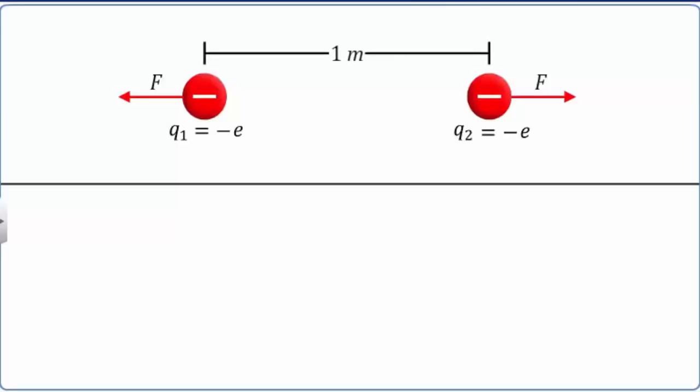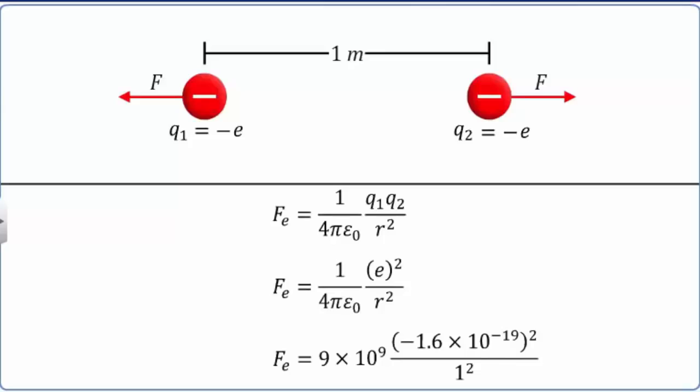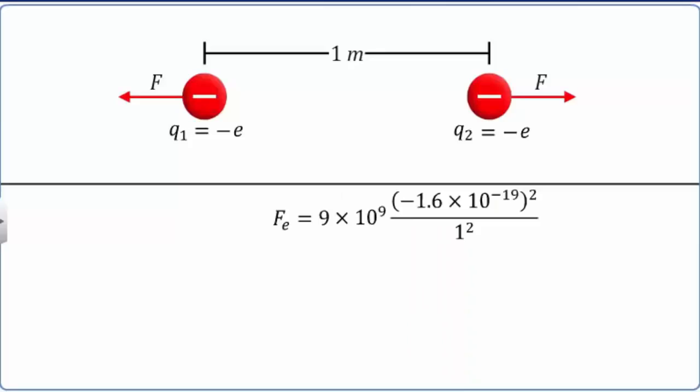The magnitude of the electrostatic force between them, according to Coulomb's law, is given as Fe equal to 1 by 4 pi epsilon naught e square by r square, where r is equal to 1 meter. Substituting the values of the various parameters, we have the electrostatic force between the two electrons equal to 23.04 into 10 power minus 29 Newton. Let this be equation 11.